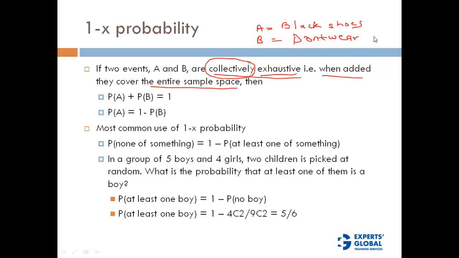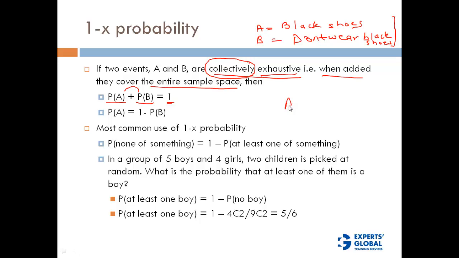Right? Now these are collectively exhaustive cases. Either I will wear or I will not wear. So when we are talking about two such events that are collectively exhaustive, the probability of A and probability of B added is going to give me 100%. Correct? This is what we saw in the Venn diagram also.